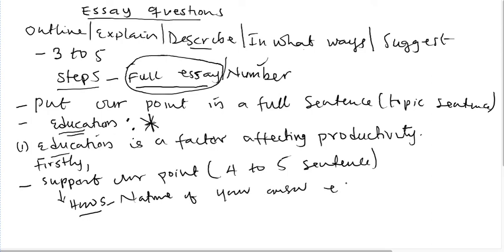You can see the extent of your point. So, education is a factor affecting productivity. You are not going to write the meaning of education in your explanation. No, that's not what we mean. They mean the processes that you go through for education to affect productivity, either negatively or positively. The process.